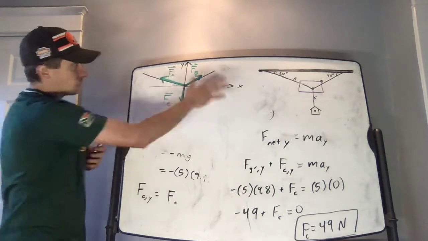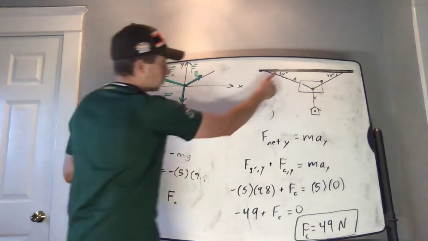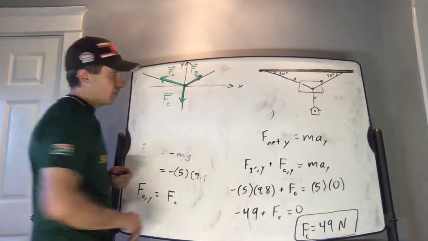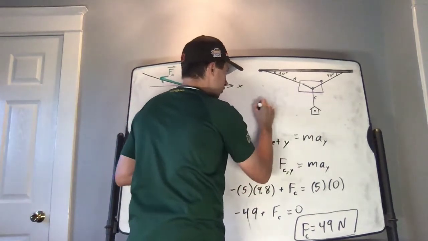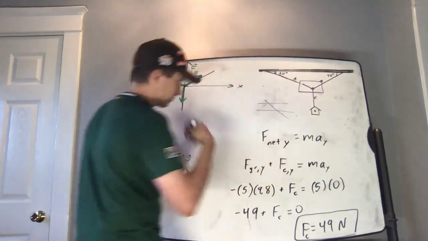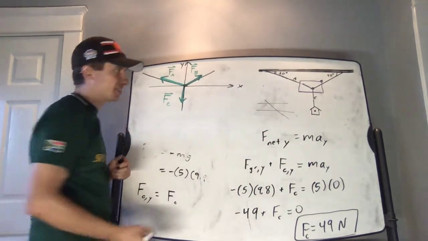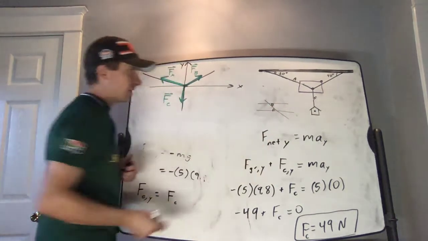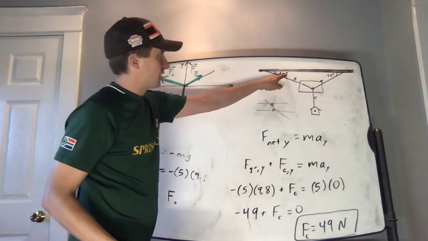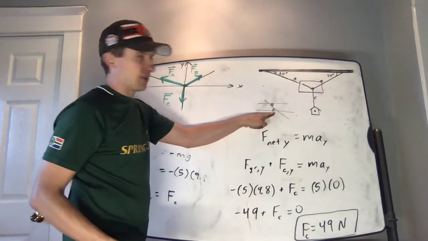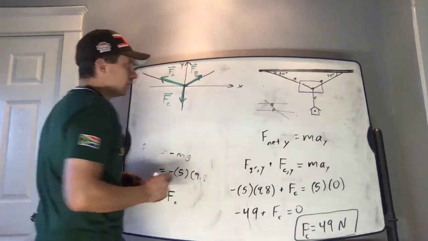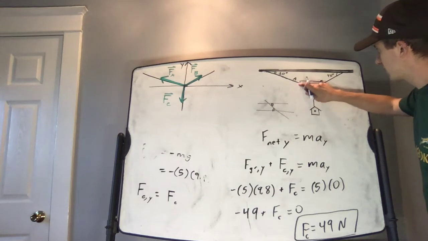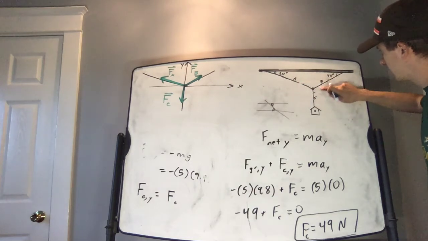So, okay, I look at the original picture. I am told this is a 20-degree angle. And if I remember from geometry, if you have 2 parallel lines and then you intersect them with a third line, something like this angle over here will be the same as that angle down there. So if this angle is 20 degrees, this angle must be 20 degrees as well. So I could compare this picture to this picture. I'll get rid of this box to make this easier to draw.